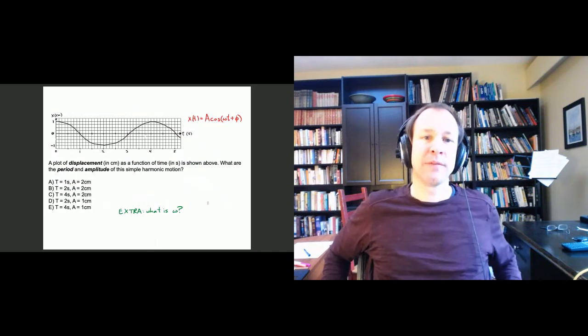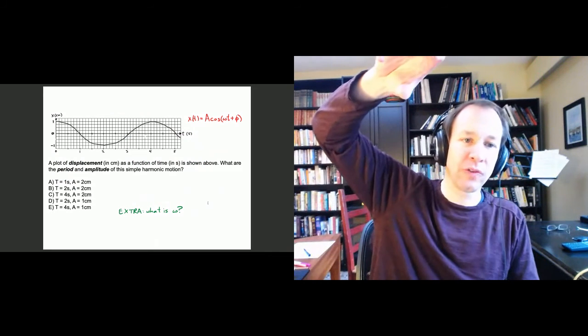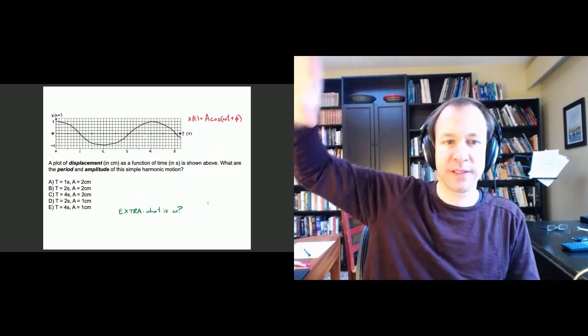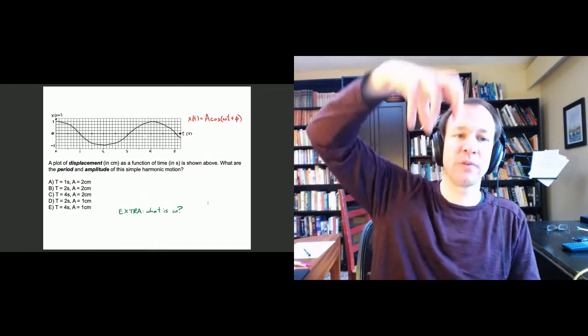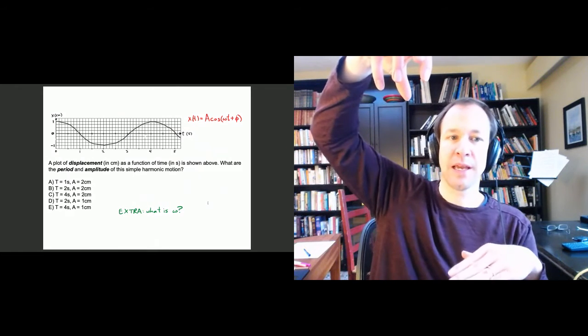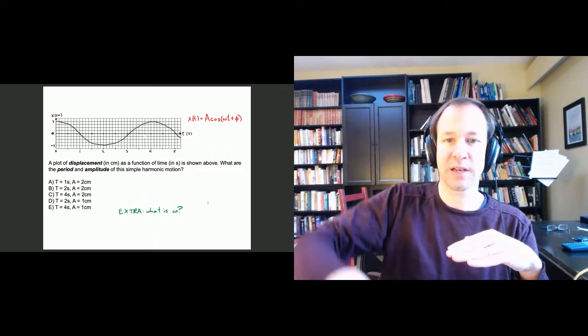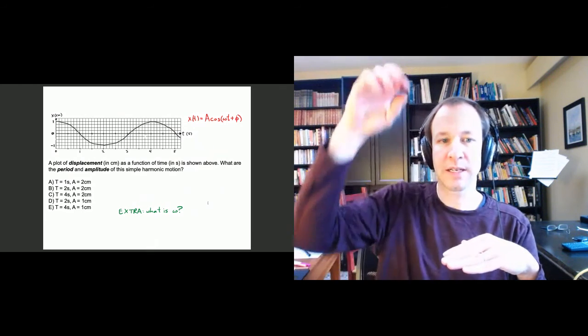Okay, so here's an example of a graph of position versus time for an object that maybe was released at a position above the equilibrium position. And so we have a downward oscillation and then it comes back up and then it goes down again.